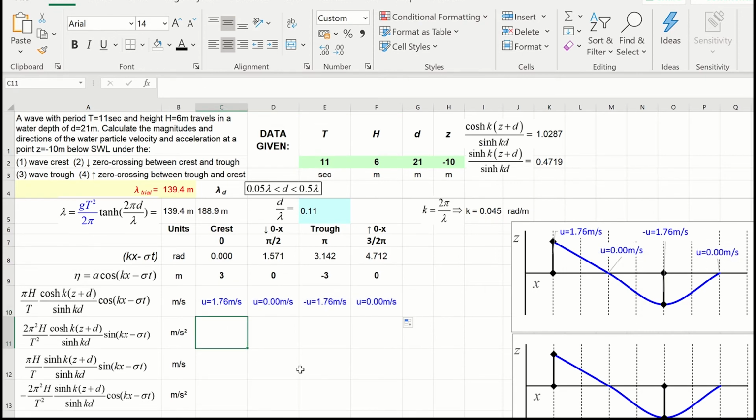And now I can calculate acceleration, horizontal acceleration, using the formula.